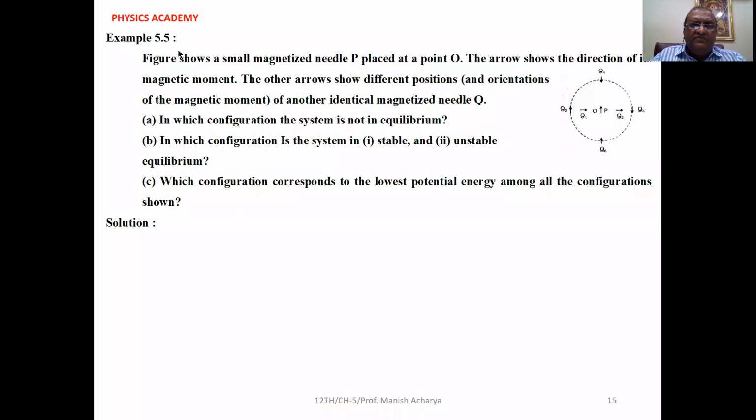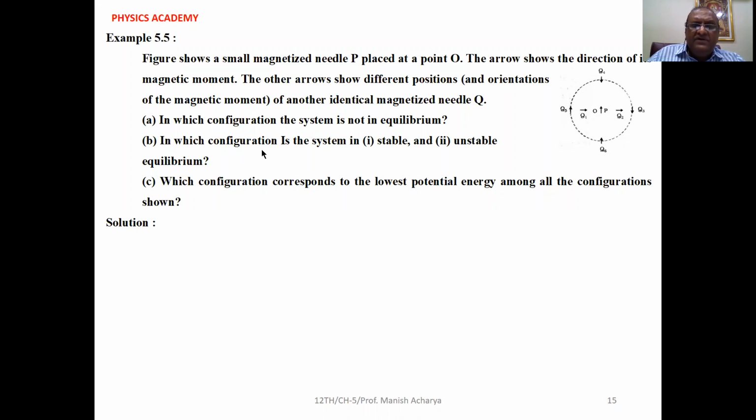Example 5.5. The figure shows a small magnetized needle P placed at a point O. The arrow shows the direction of its magnetic moment. The other arrows show different positions and orientations of the magnetic moment of another identical magnetized needle Q. A. In which configuration is the system not in equilibrium?